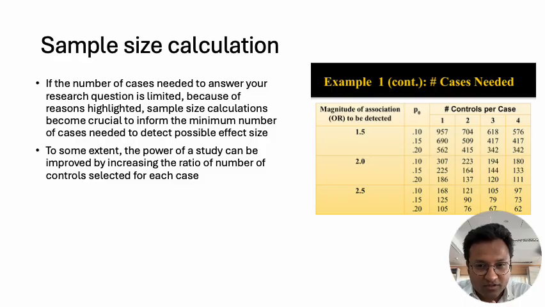So controls are many more in number, and if we have resources in place and we have time, then we can actually increase the number of controls that we have in our data set. So you can see on the top row, the number of cases you need decreases from about 950 to 580.